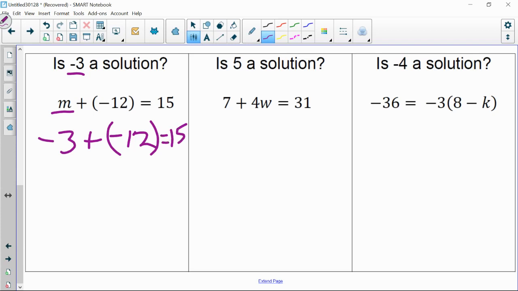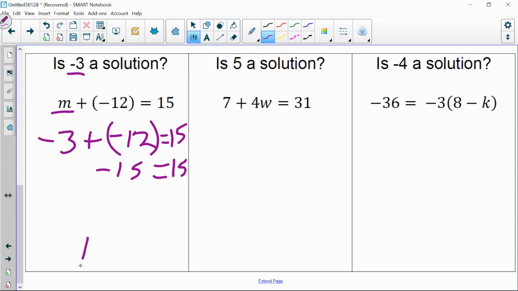Normally we want to try to line up our equal signs as much as we can. Well, I have two negatives, and we remember our integer rules of same signs. We're going to add them and keep the negative because we are decreasing twice. If you borrowed $3 one day and $12 another day, you owe me $15. So then would we say -15 is equal to 15?